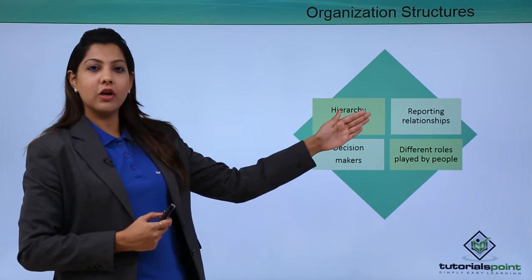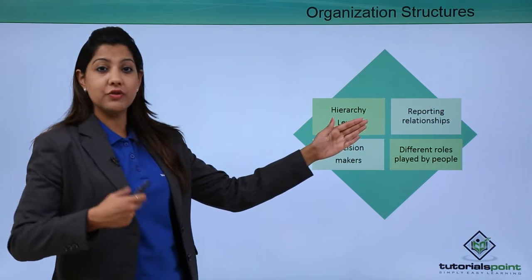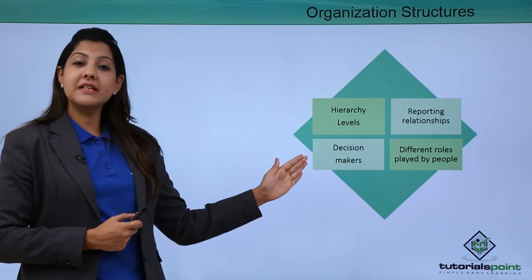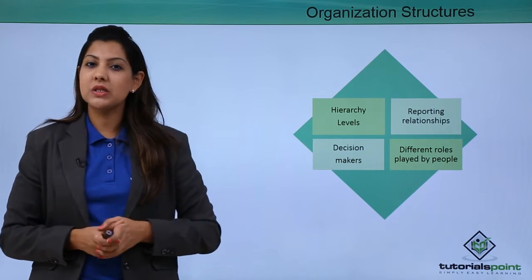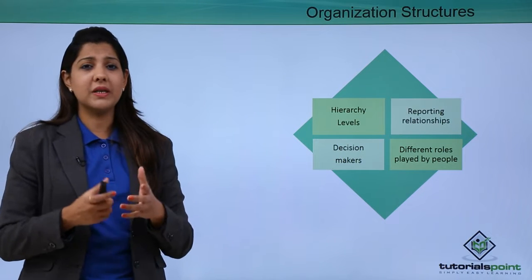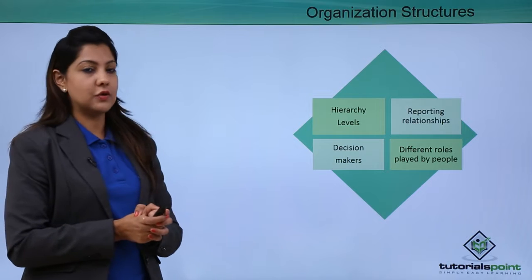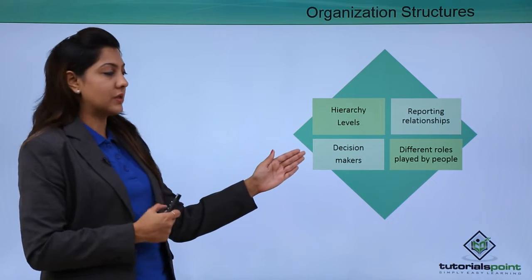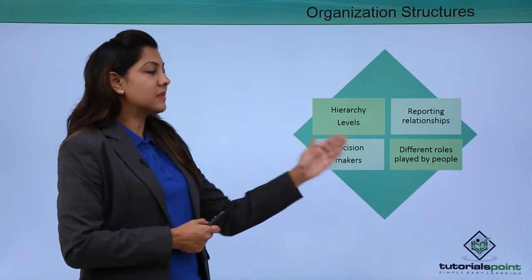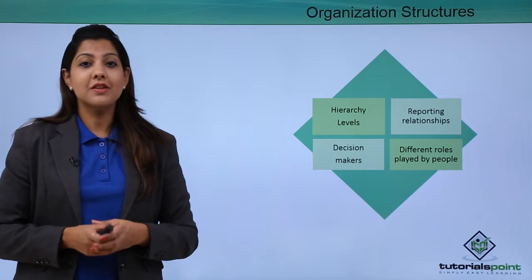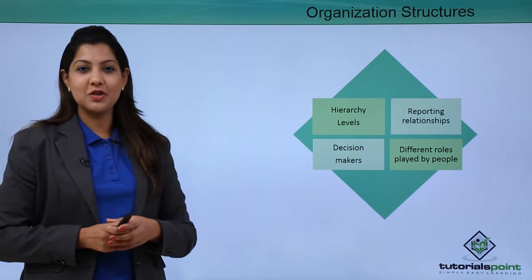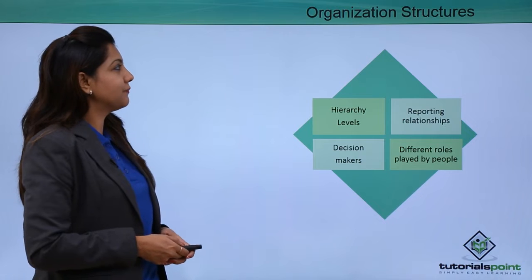So basically we are talking about who reports into whom, the relationship between them. The decision makers, who are the stakeholders in retail, be it the retailer, the person who owns the retail store, etc. So who is the stakeholder or decision maker, and the different roles played by different people. That is what the organization structure looks at in a retail outlet.